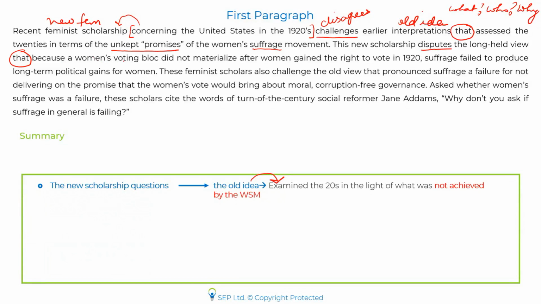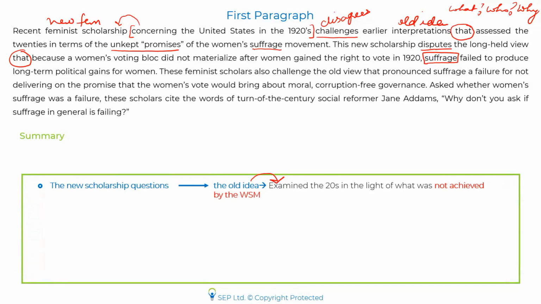What is the old view? Because a women's voting bloc did not materialize after the women gained the right to vote, suffrage failed. Now, can you understand the meaning of the word suffrage? It has got something to do with voting rights. So when we talk about women's suffrage movement, we are probably talking about women's voting rights movement, a movement which probably saw the women getting the right to vote.